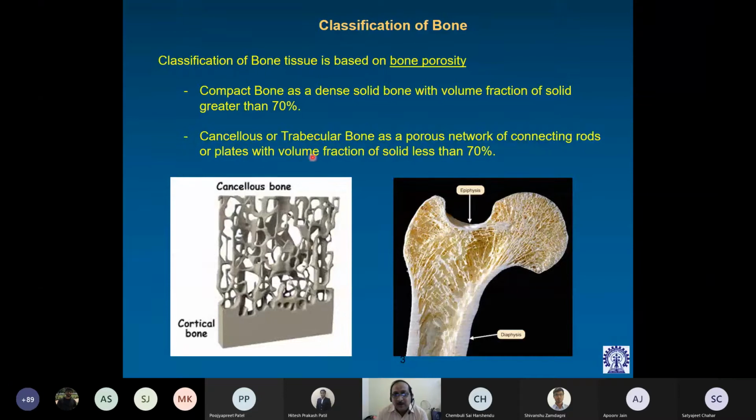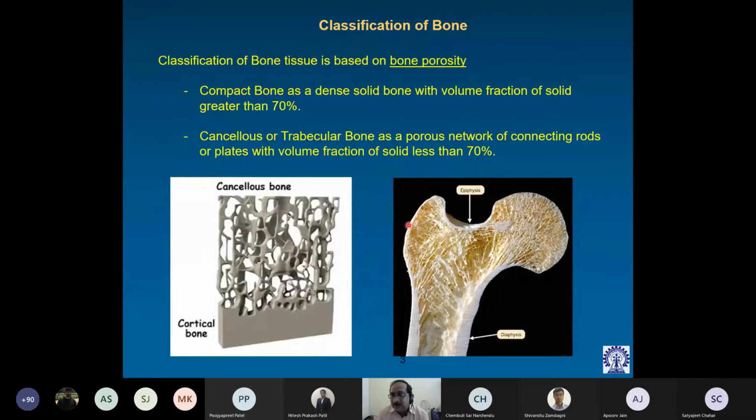Okay. Whereas cancellous or trabecular bone is a porous network of connecting rods, plates with volume fraction of solids less than 70%. So if you take a volume of bone and then calculate the volume fraction of solid mineralized tissue in that sample, then anything greater than 70% belongs to the compact bone. Anything less than 70% belongs to cancellous bone.